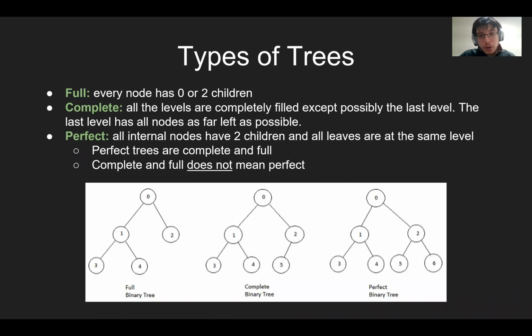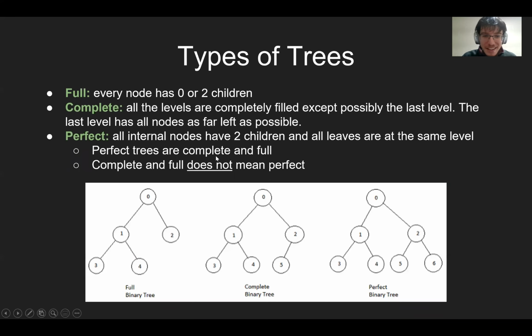Okay, so now there are certain types of trees. So there's full. A full tree, every node has 0 children or 2 children. A complete tree is where all levels are completely filled except the last level, which has all the nodes it does have as far left as possible. A perfect tree has all internal nodes with 2 children, and all leaves are at the same level.